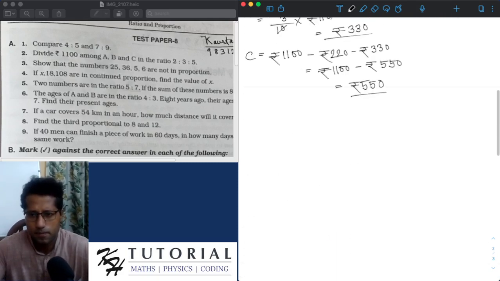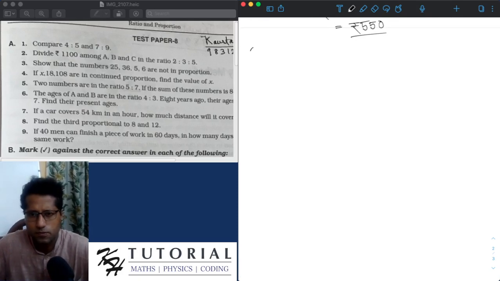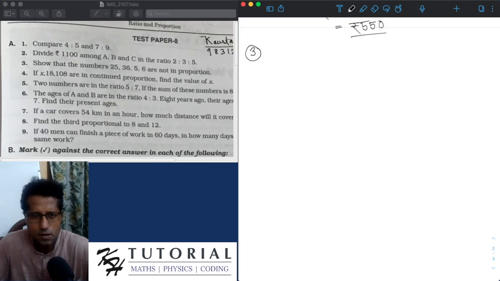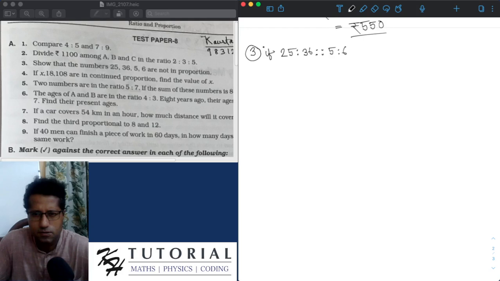Okay, let's do problem number 3. Show that the numbers 25, 36, 5 and 6 are not in proportion. So let's say they are in proportion. If they are in proportion, which means 25 is to 36 is equal to 5 is to 6.